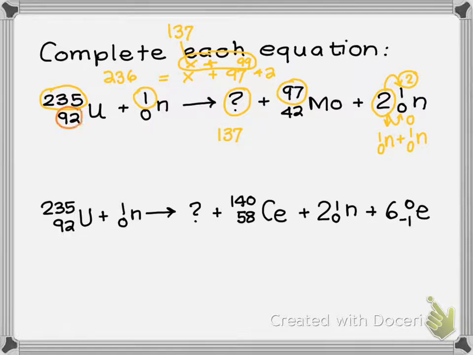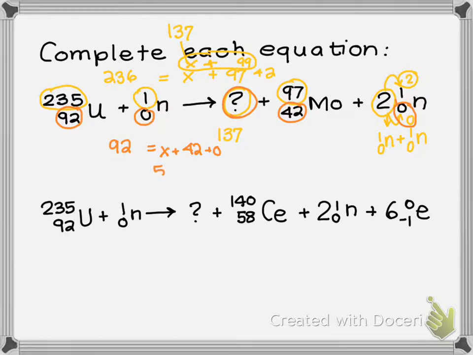So this is 92 plus 0, so that's 92. And that has to equal some number that I don't know. So some number plus 42 plus, you see down here, 2 times 0, which is 0.